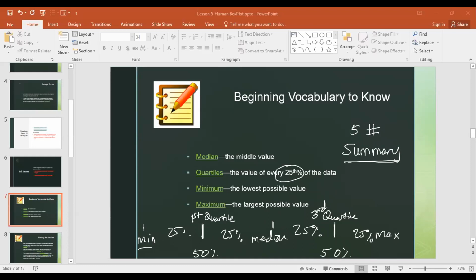So one, two, three, four, five numbers. Your five-number summary is your min, your max, your median, and then the first quartile, we call it Q1, and the third quartile, we call it Q3. When we talk about our data, we'll talk about why there's no Q2, or why it's not written Q2. Some of you guys already know this from my FST days.